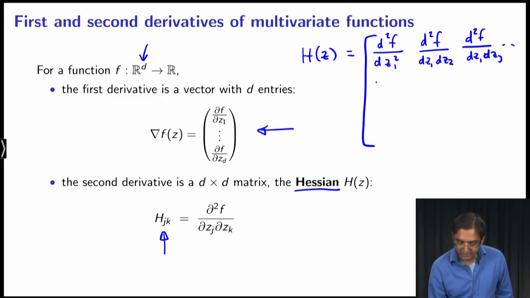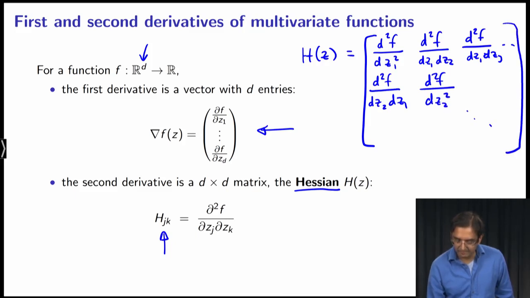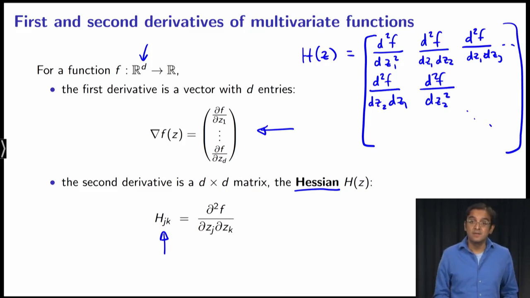On the next row, the first entry is with respect to z2 and then z1, and then the diagonal entry is z2 squared, and so on. So for a function of d variables, the second derivative is actually a matrix, a d by d matrix.